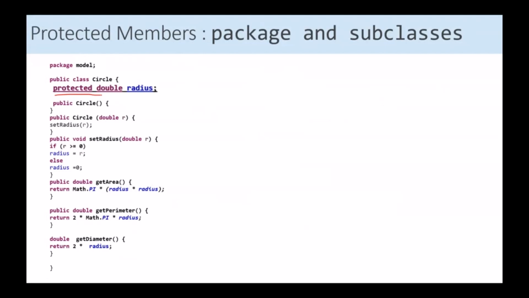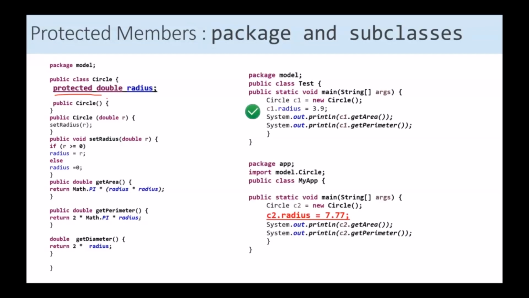It's not easy to explain protected now. Protected is for subclasses. It works for classes in the same package or subclasses outside the package. Since I don't teach you subclasses for at least the next 2 weeks, we are not going to use protected. Okay, fine.